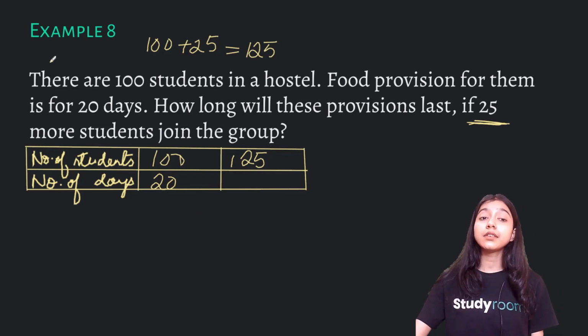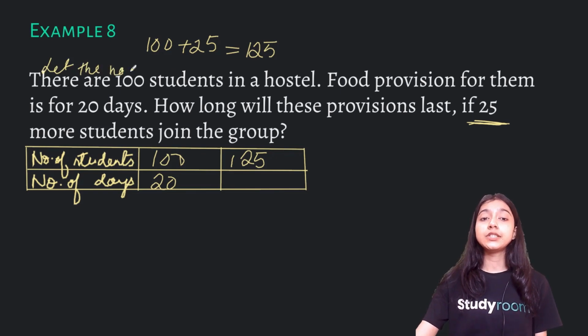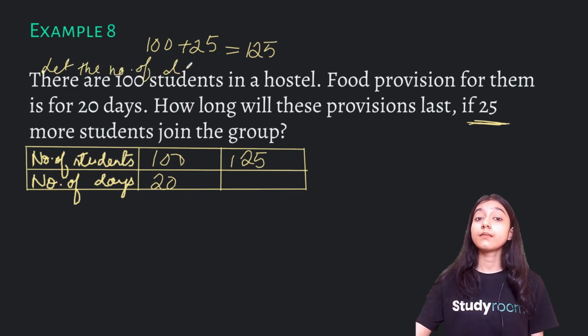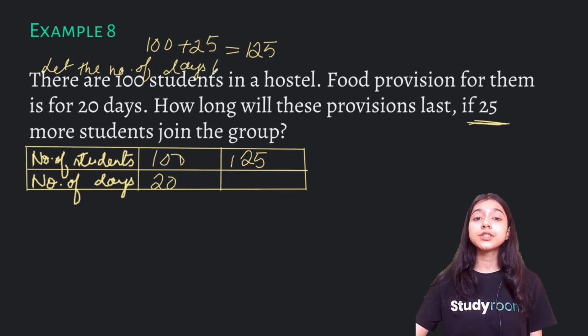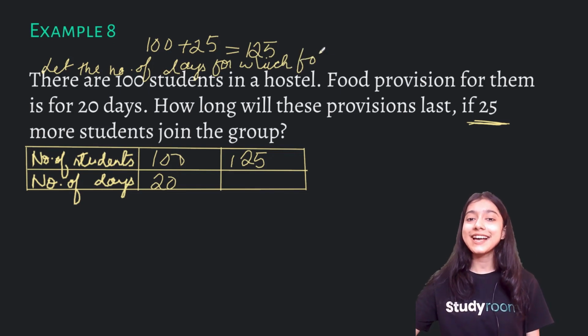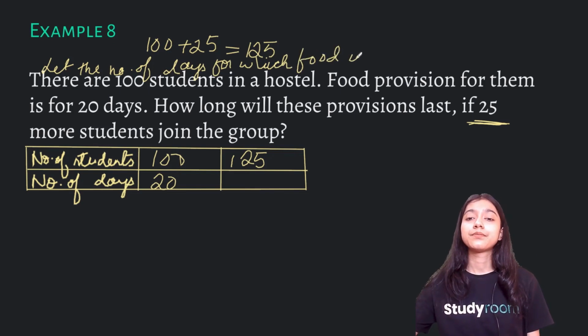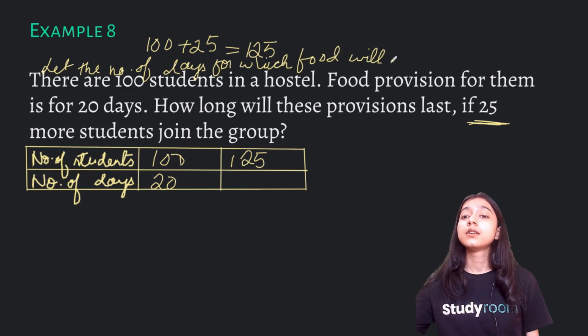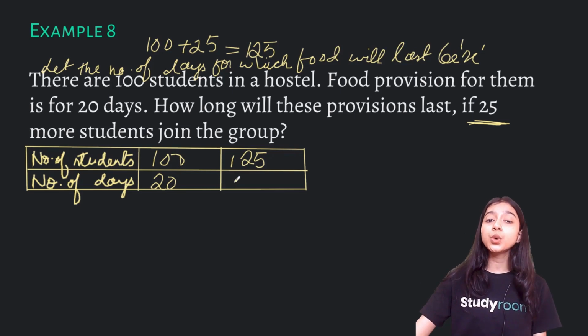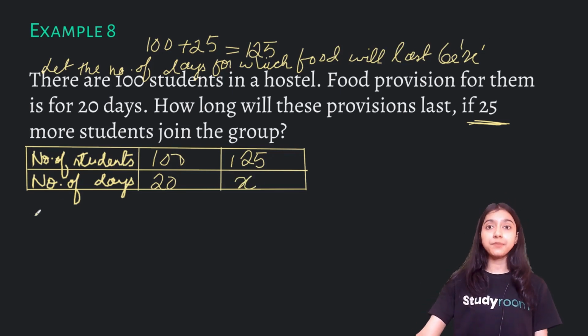So let the number of days for which food will last be x as usual. So x is the number of days for which the food will last for 125 people.